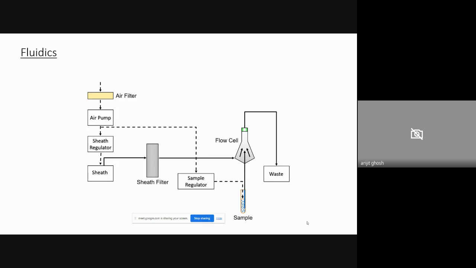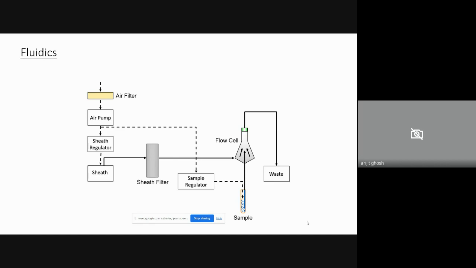Now when we run a sample and operate the sample regulator, like pressing the run button and selecting the flow rate, high, medium or low, the sample goes into the flow cell at the center of the flowing sheath fluid.